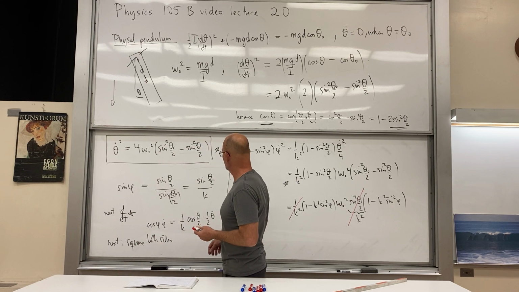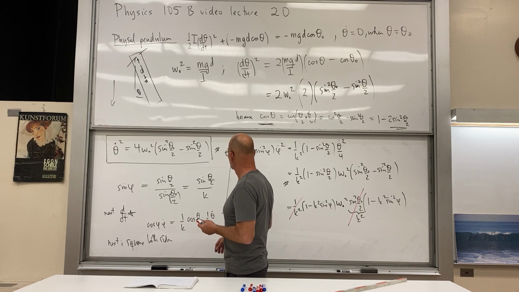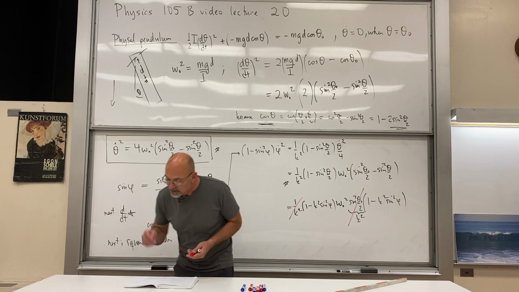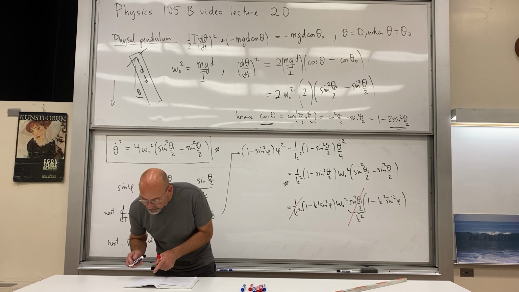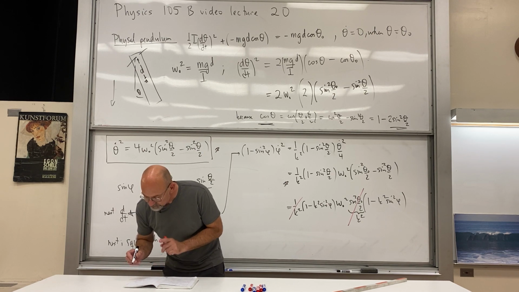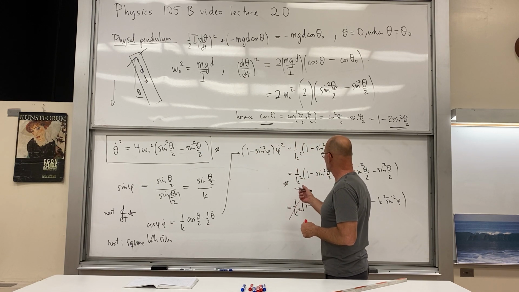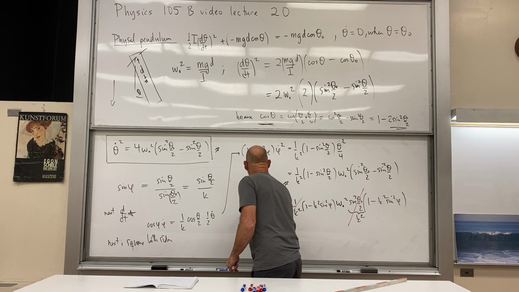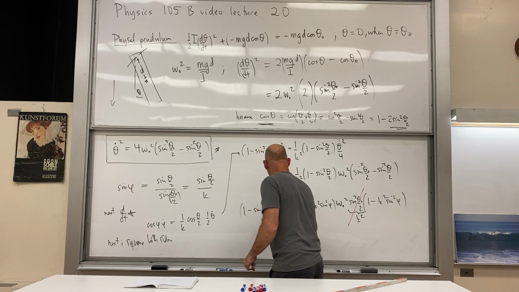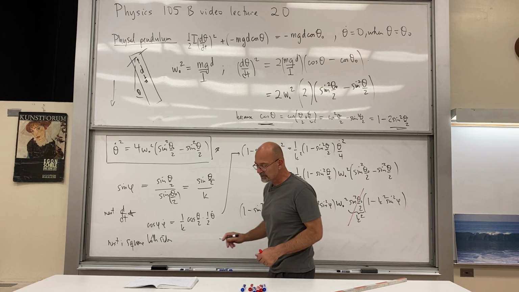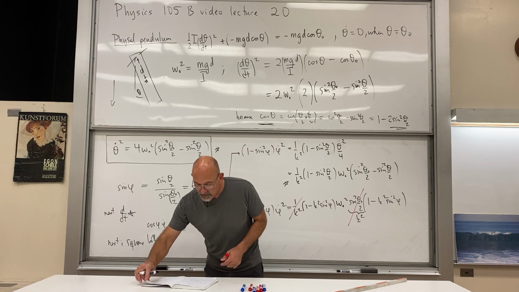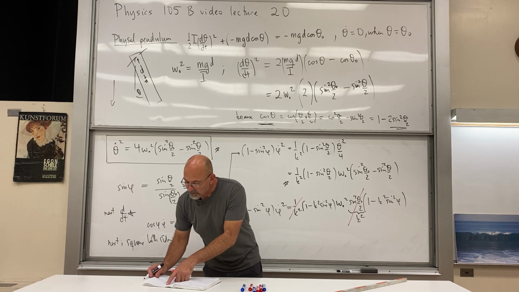Minus sine squared phi. Fill this in here. Sine squared phi dot squared. K squared.